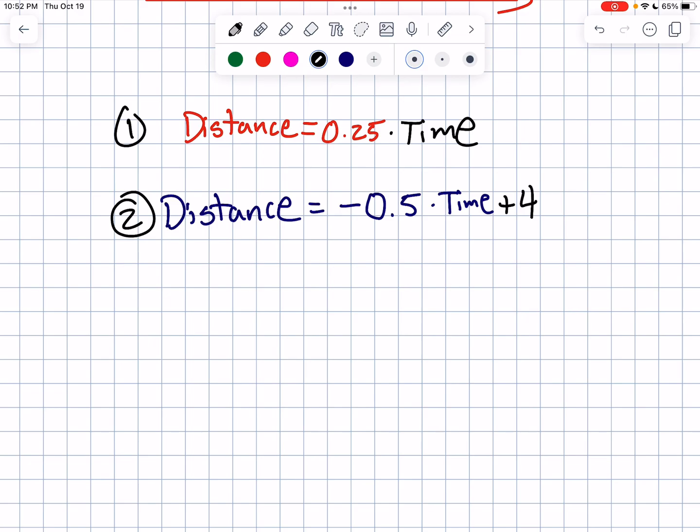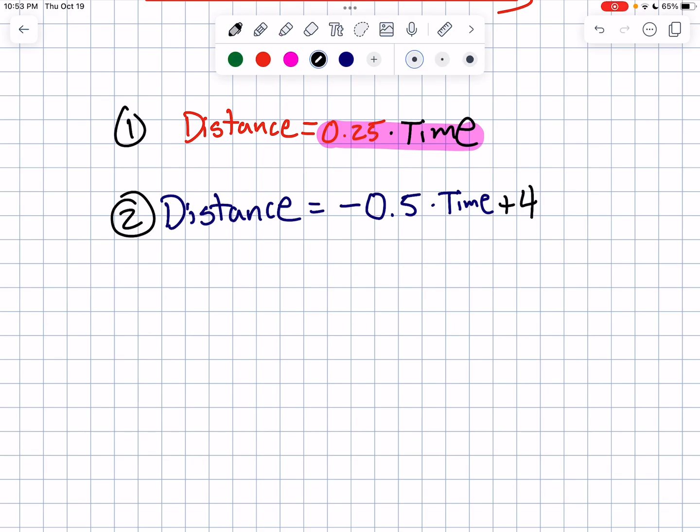So here's something that we can do that's already set up for us. You'll notice in equation 1, which in my example is the red car's information, we actually already have an equation for distance. Distance equals this.